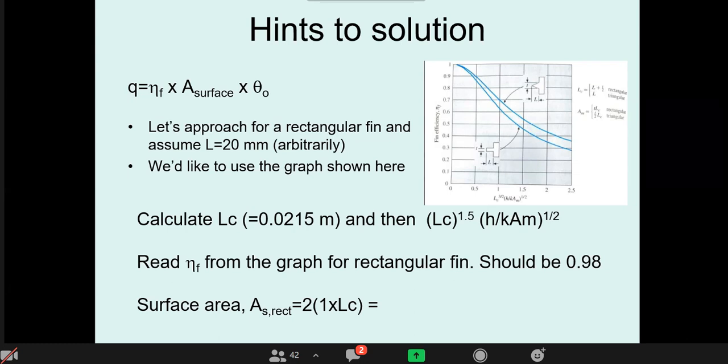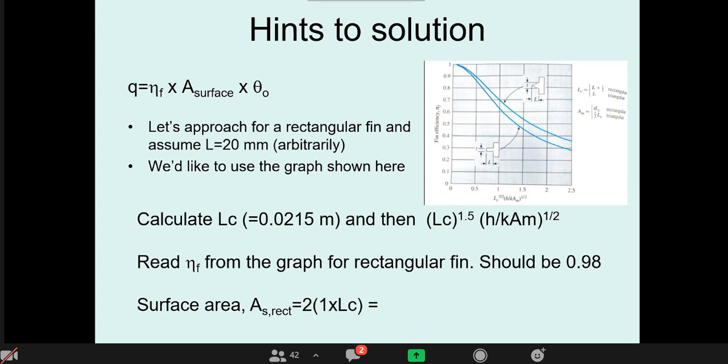It can be 100 millimeter, it can be 50 millimeter, it doesn't really matter, because ultimately we are going to compare with an equivalent triangular fin, see which one performs the same, and then choose the least weight fin. So do this calculation. Since we are assuming L equals 20 millimeter, this is an arbitrary decision I've taken. You don't have to take that, but let's follow that.